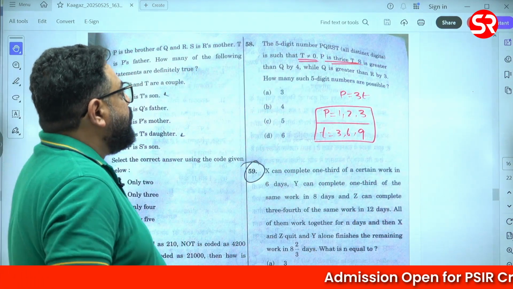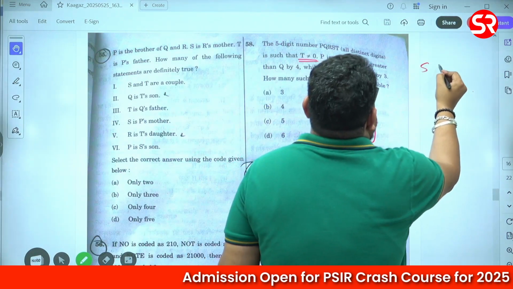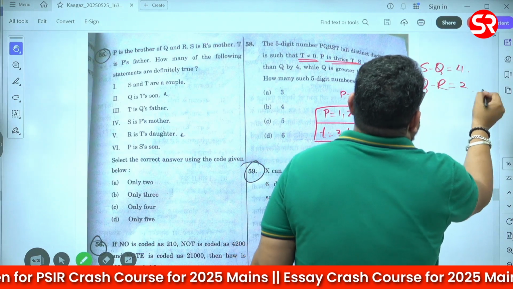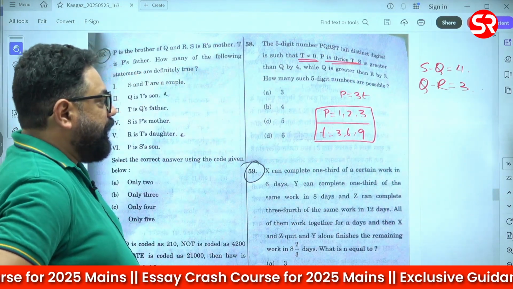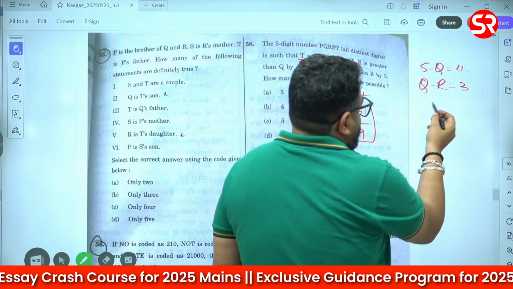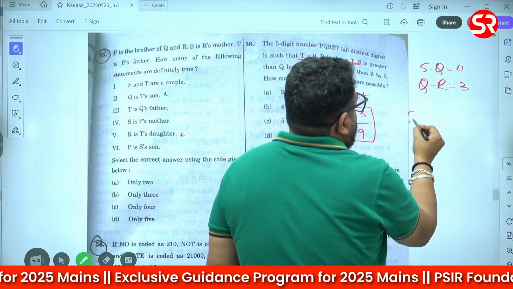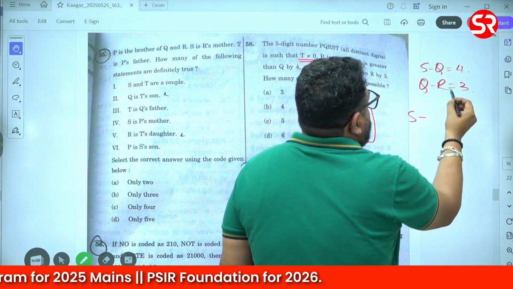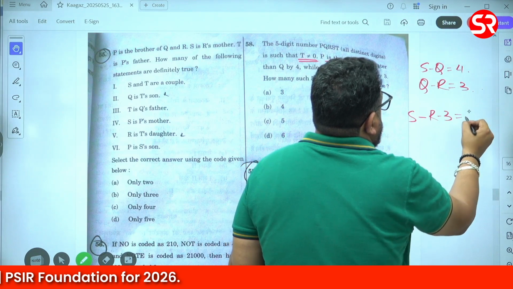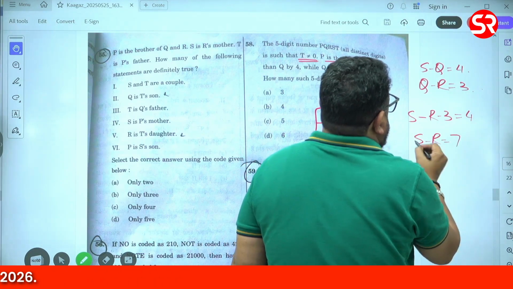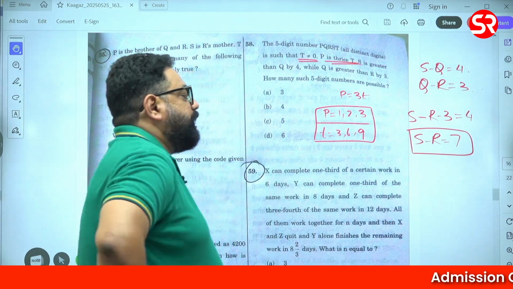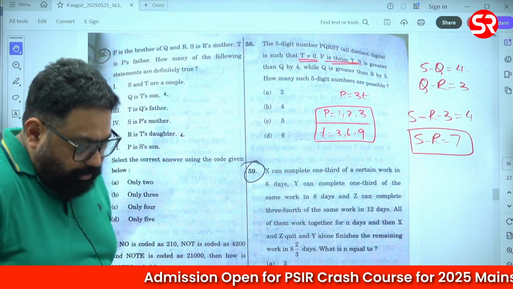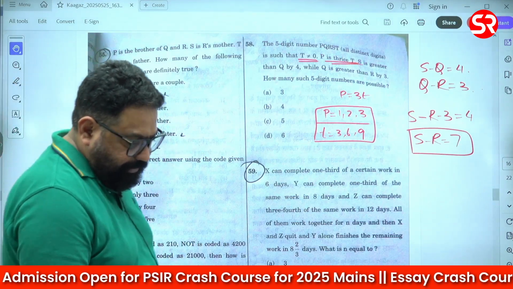Then he says s is greater than q by 4 and q is greater than r by 3. तो अपन अगर देखते हैं q का वैल्यू रिप्लेस कर देते हैं, तो r plus 3 minus... s minus r is equal to 7. S और R का जो डिफरेंस हो वो 7 होगा.